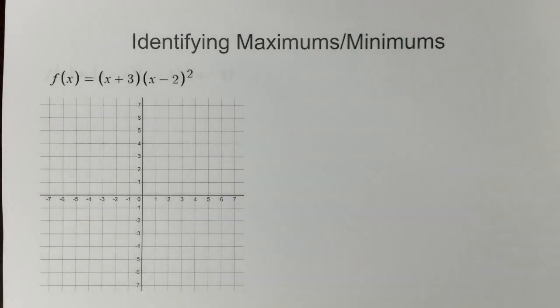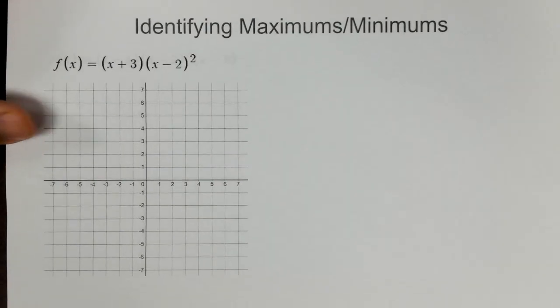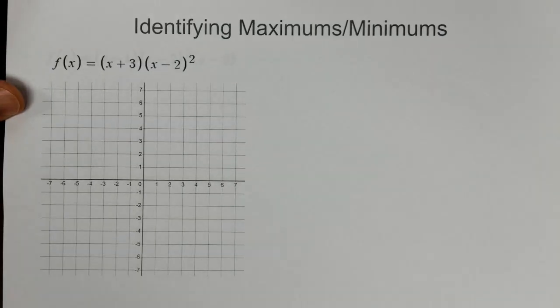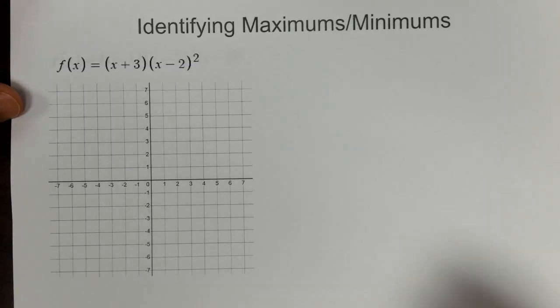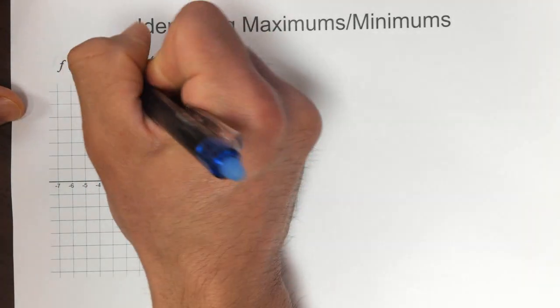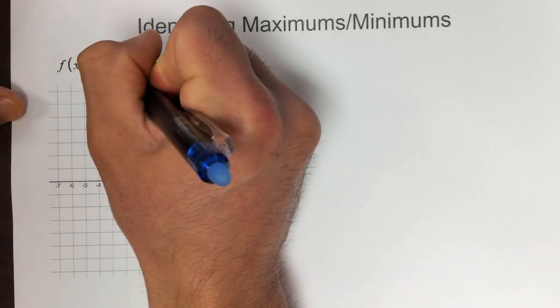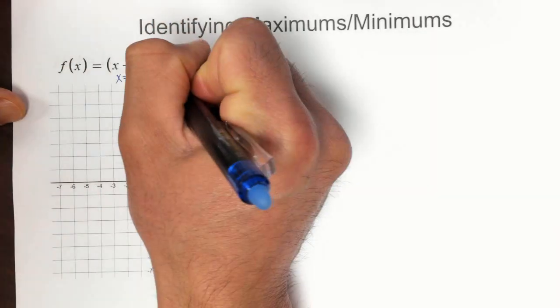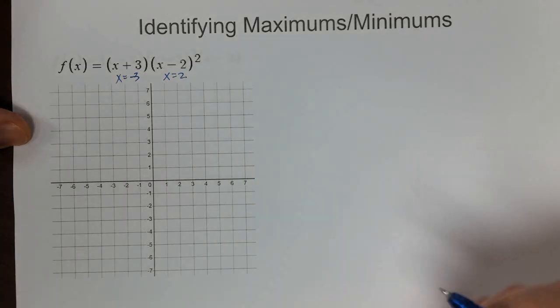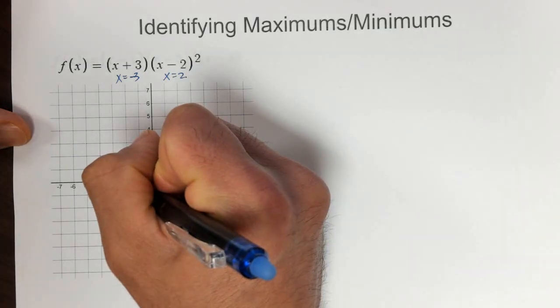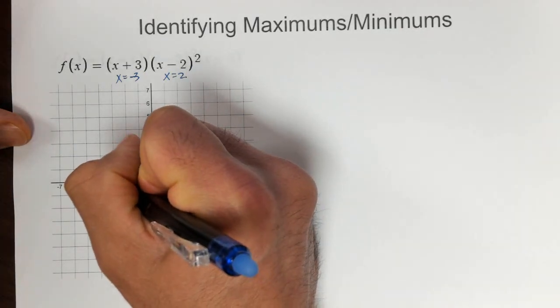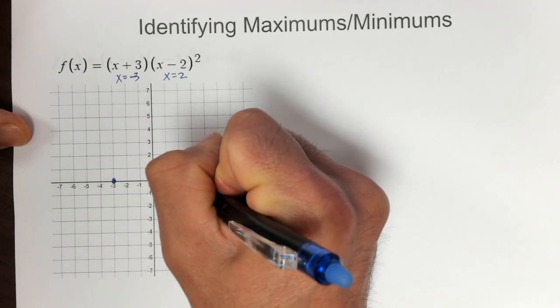Let's get through this. So here we have this polynomial. When we're graphing these, to get an idea of where the maximums and minimums occur, we need to first find the x-intercepts. And that happens when you set each factor equal to 0. That turns this into x equals -3 and x equals 2. So I know it's going to cross the x-axis at -3 and at 2.